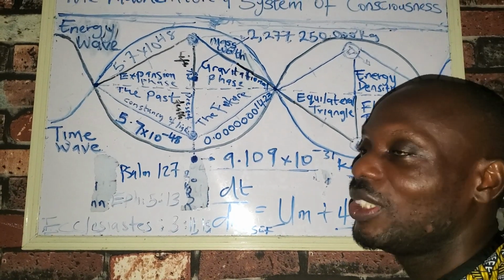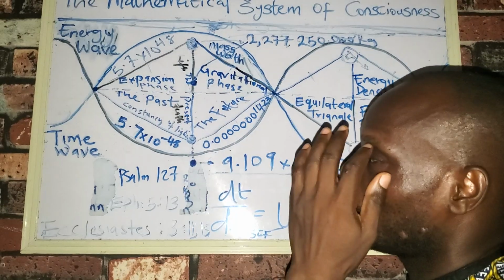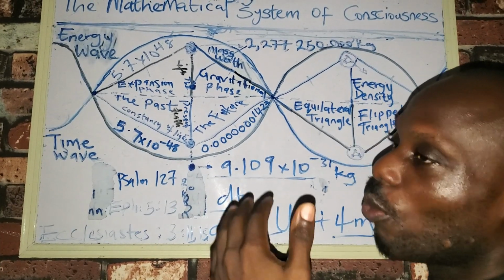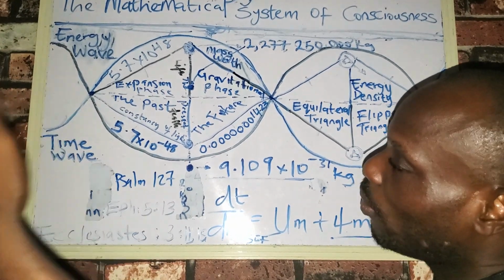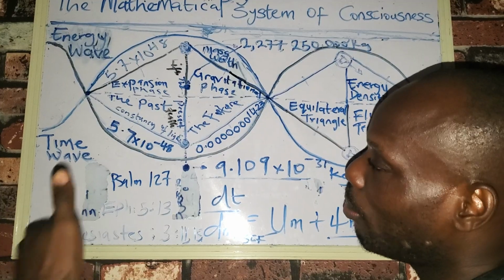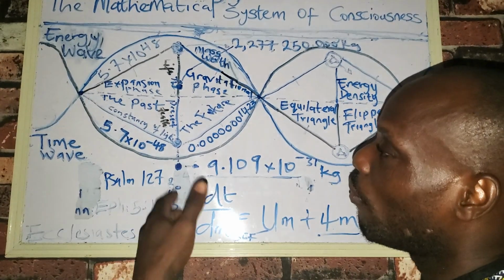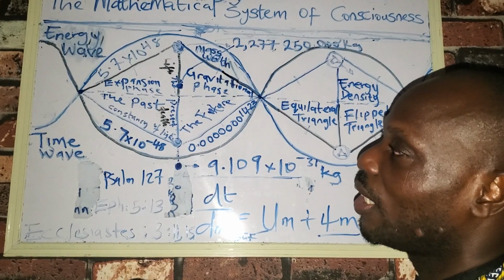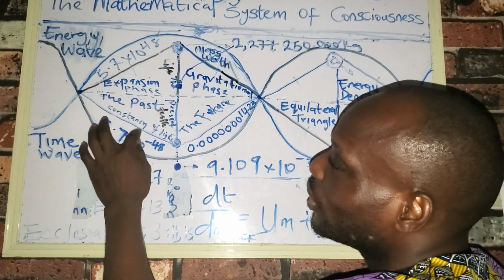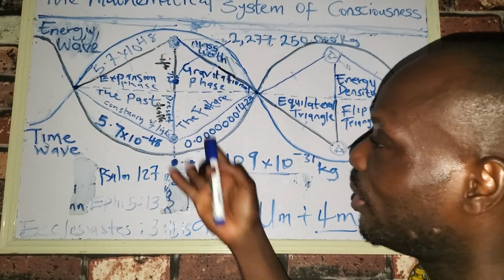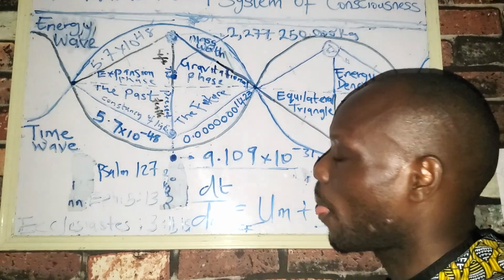And that tells you the nature of the electromagnetic field. So we know that the mediating force of the electromagnetic field, which is the photon, is massless. So this supports that massless nature of light.